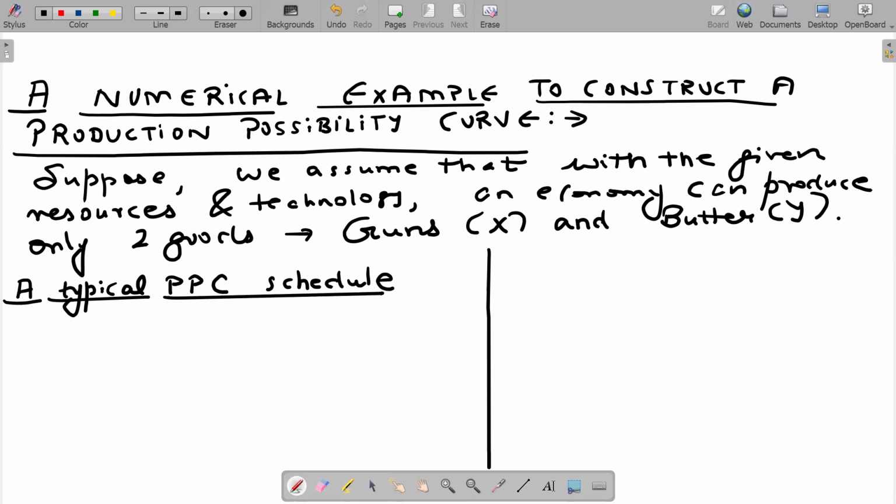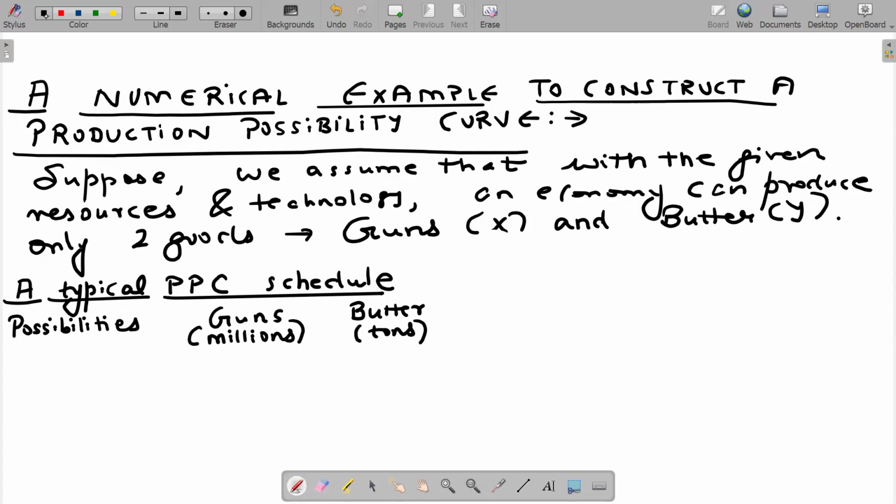So we have possibilities, we have guns, let's say produced in millions, and then we have butter, which is produced in tons.